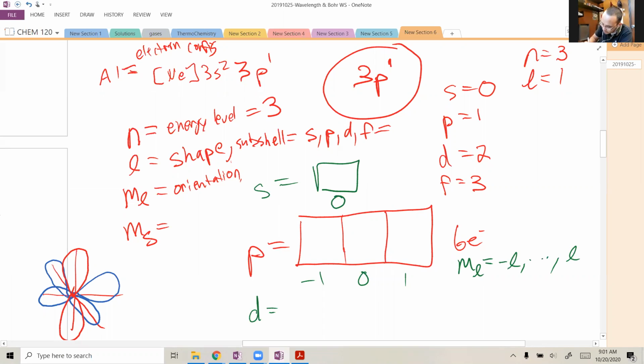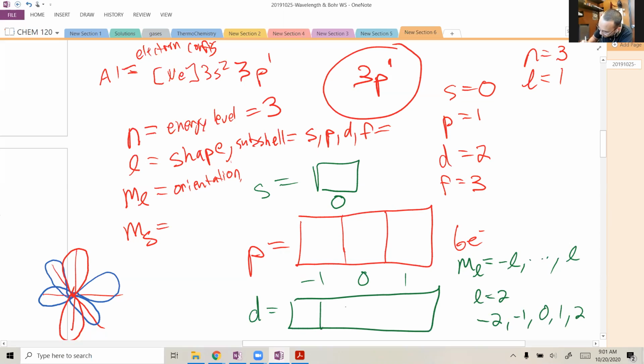If you are a D, your L is 2, so you will go from -2, -1, 0, 1, and 2. So you have 5 boxes, ranging all the way.